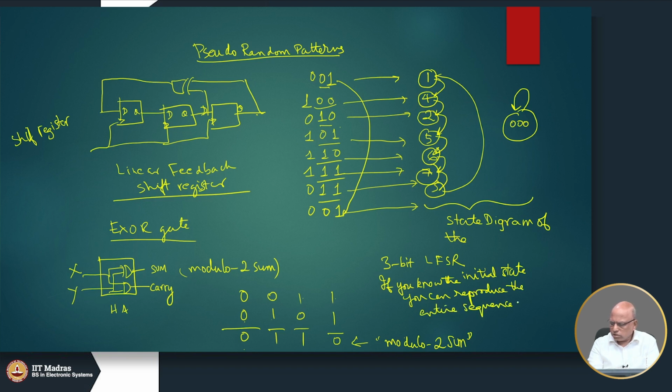There is no secret there. If I tell you that the initial state is 0 0 1, then you can say the next one will be 4, the next one will be 2, etc. In that sense it is a pseudo random sequence. It is pseudo random because we can predict the sequence if you tell me the seed. This is called the seed.